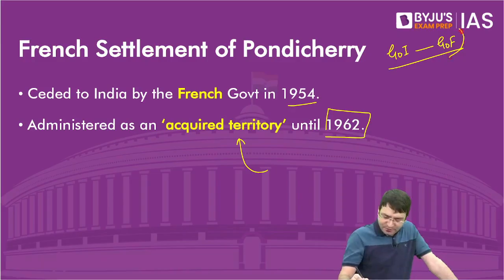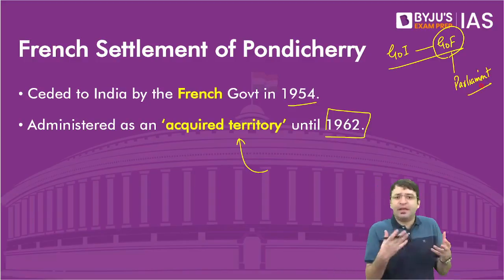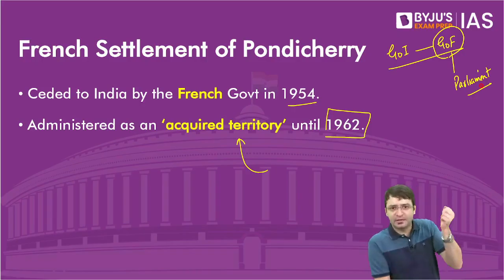But this decision which was taken by the government of France should have been ratified, should have been supported by the Parliament of France. Because it can't be an individual decision of the government of a country. Their legislature, their parliament has to be involved so that their legislature empowers this secession, empowers this acquisition.